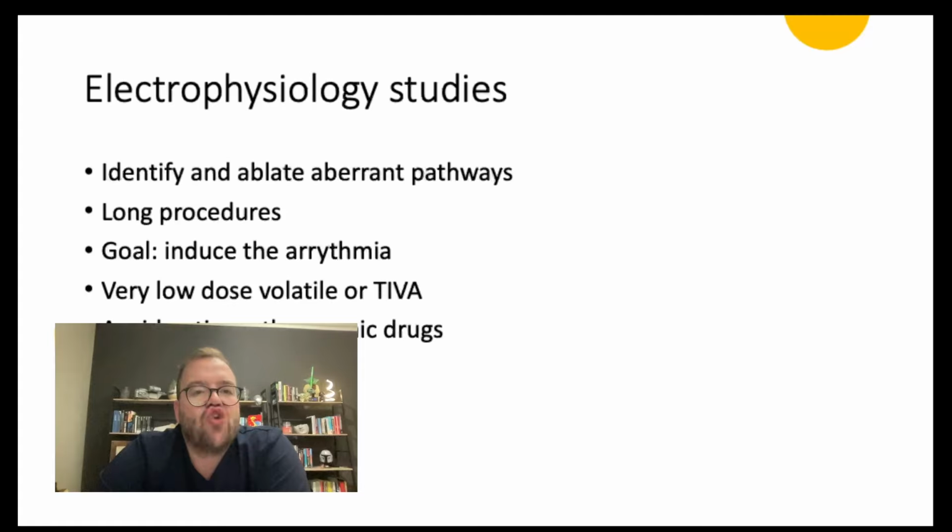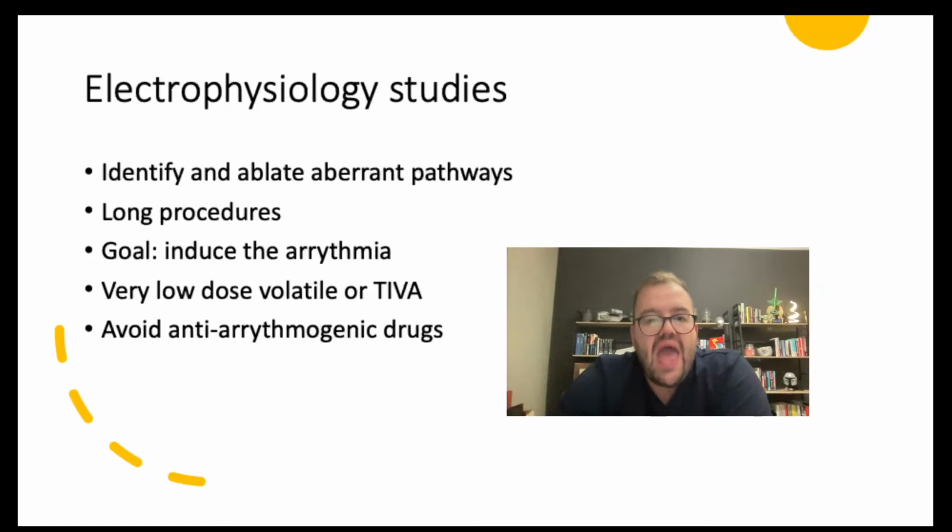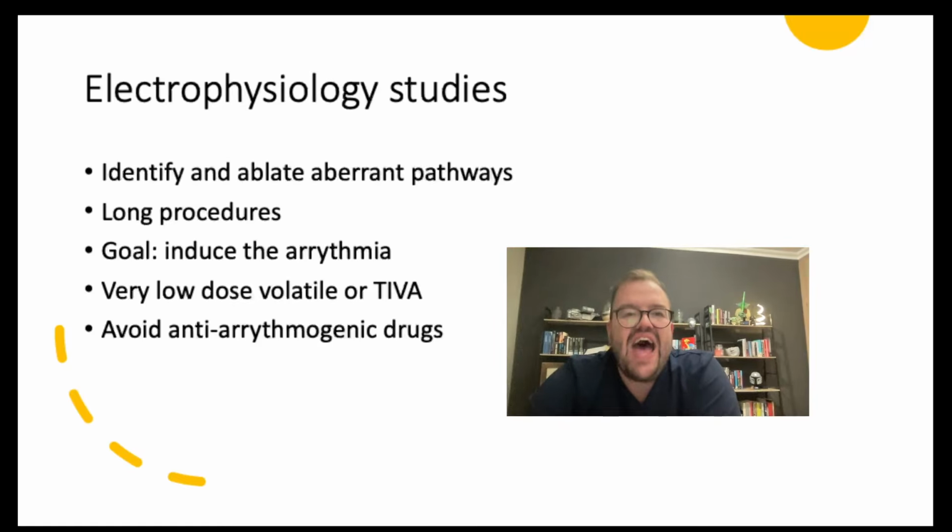What about electrophysiological studies, guys? Well, what are they doing here? Their goal is to identify and buzz or ablate aberrant pathways. These are long procedures and the kids get cold. Your goal is to induce the arrhythmia, and for these, I actually use a low-dose TIVA or very low-dose volatile because you need to be able to induce a tachyarrhythmia.